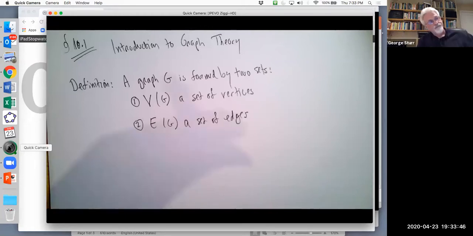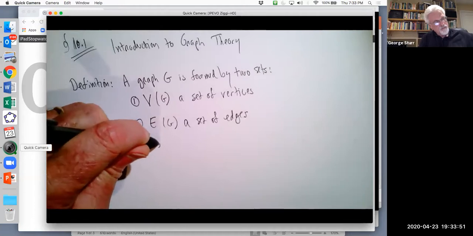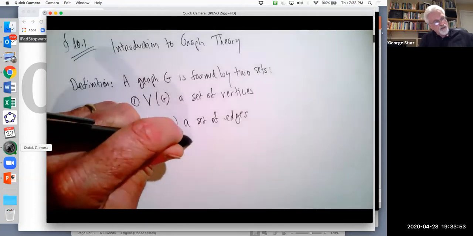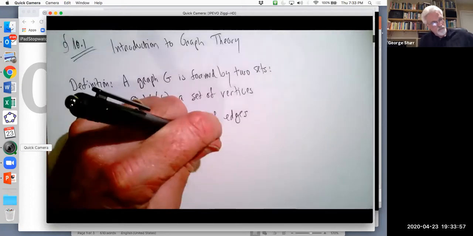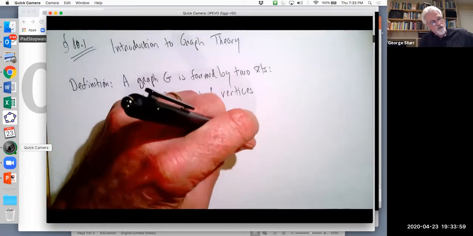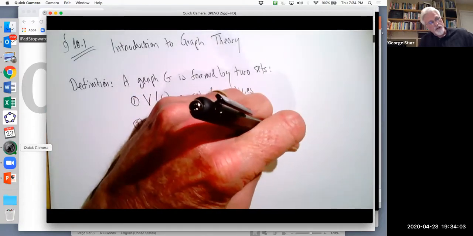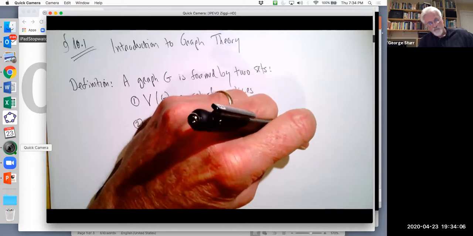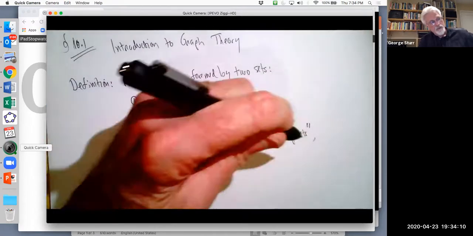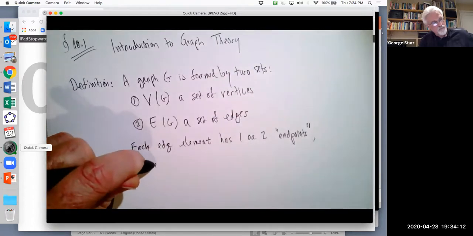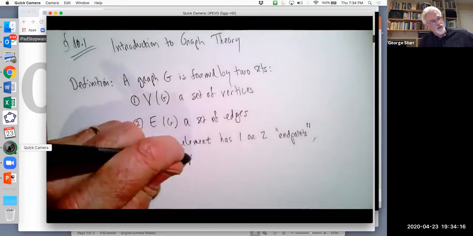There's more. Each edge element has one or two, we'll call these quote unquote endpoints, that are elements of your vertex set.